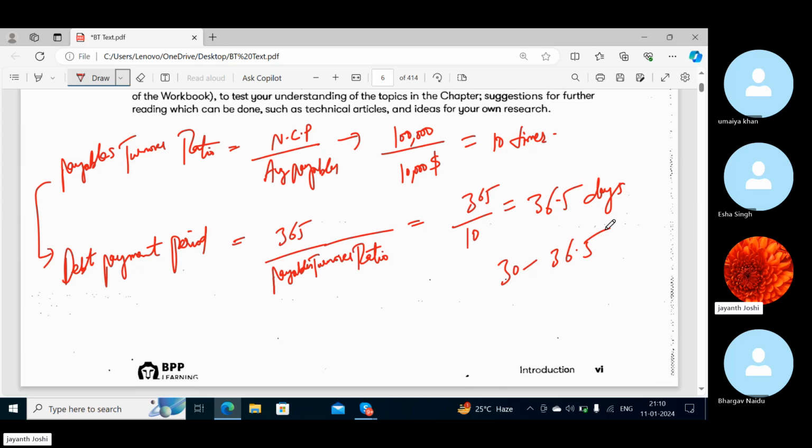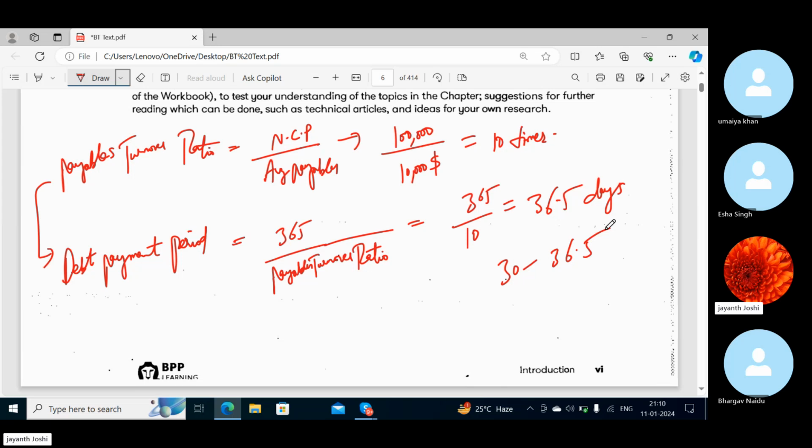See, 1 or 2 days is understood. 3 or 4 days or some buffer days is okay when there's a government holiday or weekend or some reason, but it should be an honest reason, not a dishonest reason to delay the payment, right?